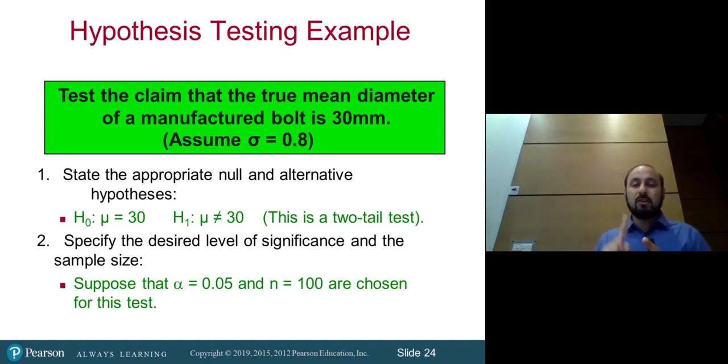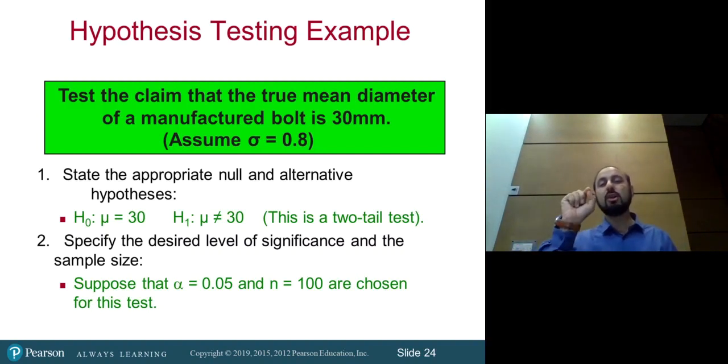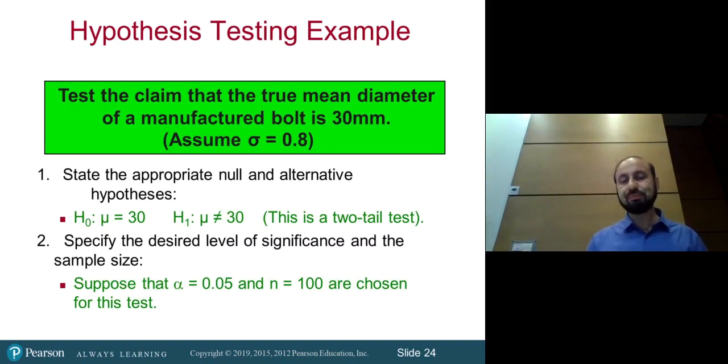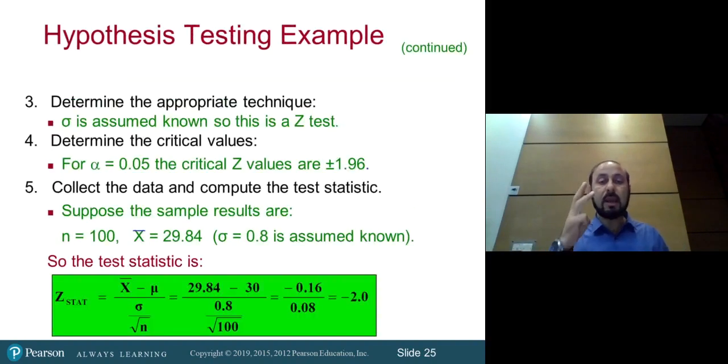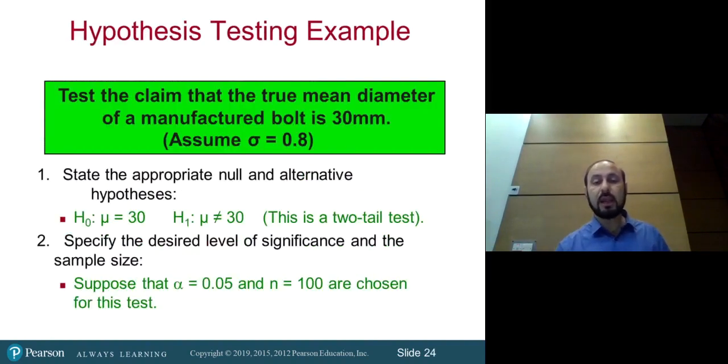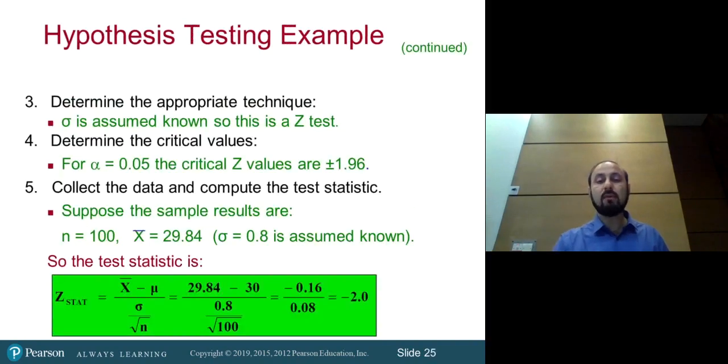Step number 2, specify the desired level of significance and the sample size. Let's say I'm choosing 0.05 as the alpha value and our sample size is 100. Number 3, sigma is assumed known, as I just mentioned. Here it is 0.80, so I will be using the z-test.